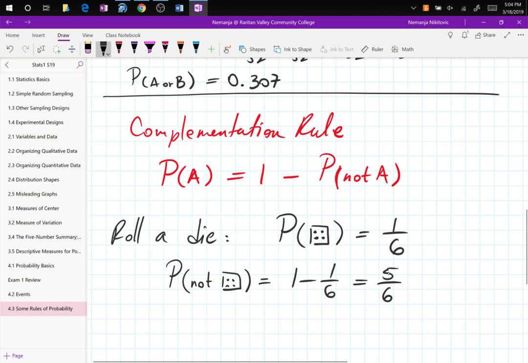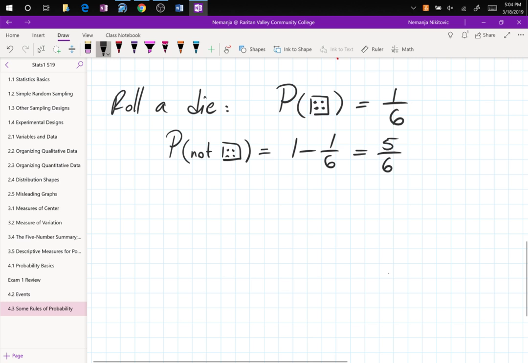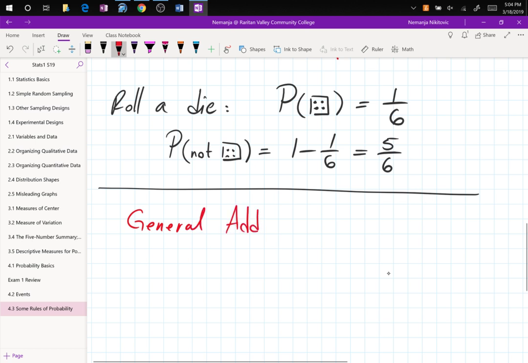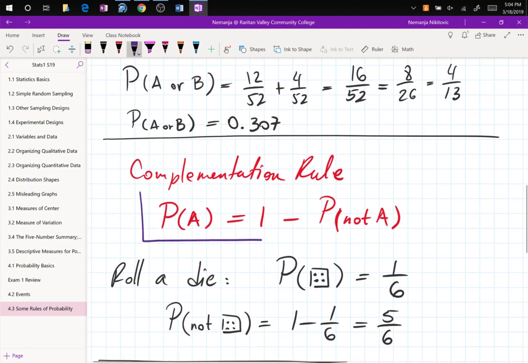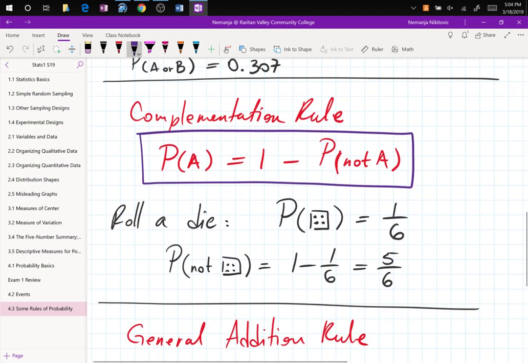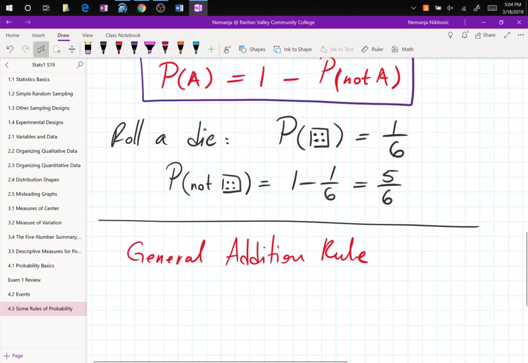There it is. General addition rule. I'll put a box around this formula, in purple.